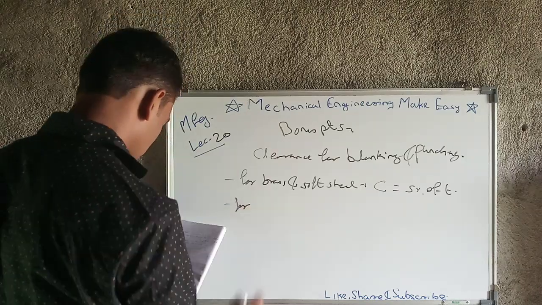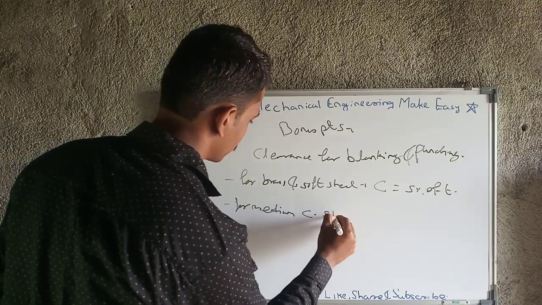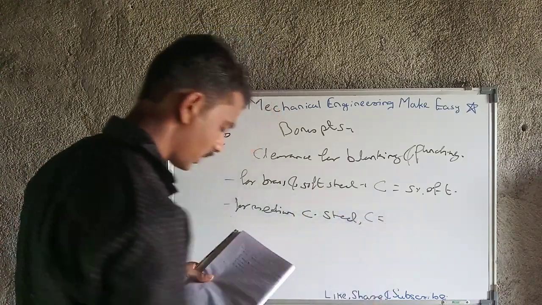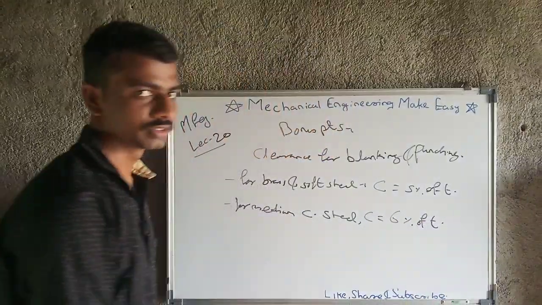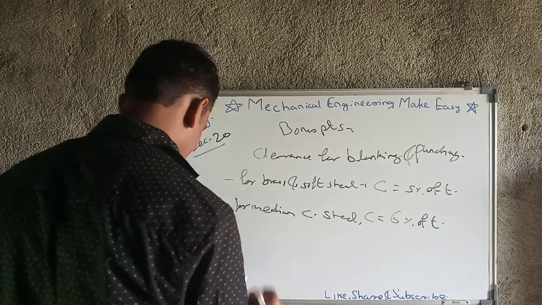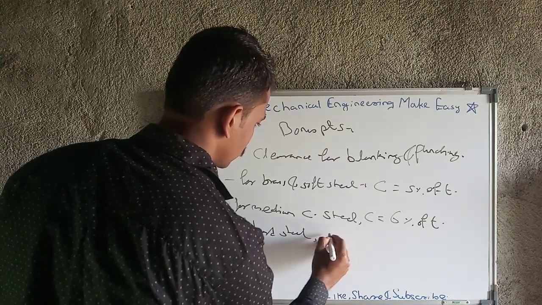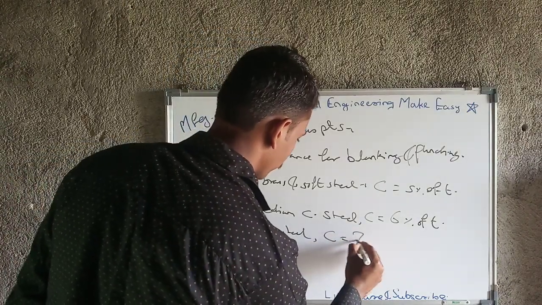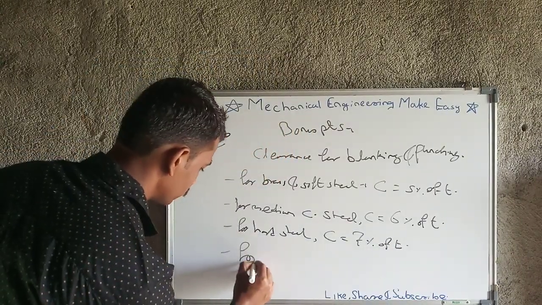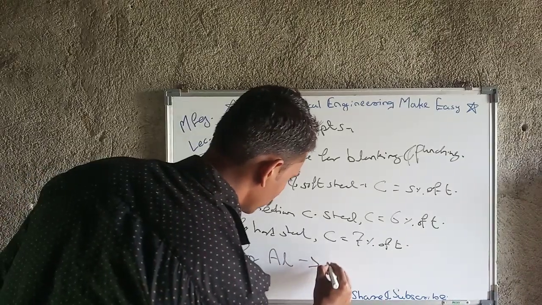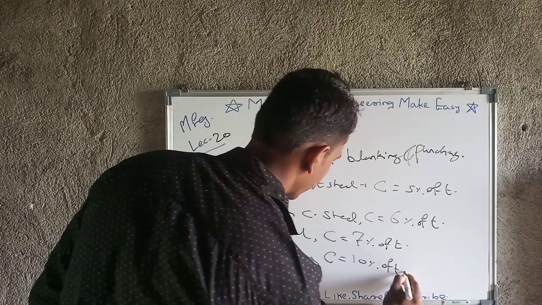Then for medium carbon steel, the clearance value will be equal to 6% of the thickness of the plate. Next, for hard steel, the clearance value will be 7% of thickness. And last, for aluminum, the clearance value will be 10% of thickness.